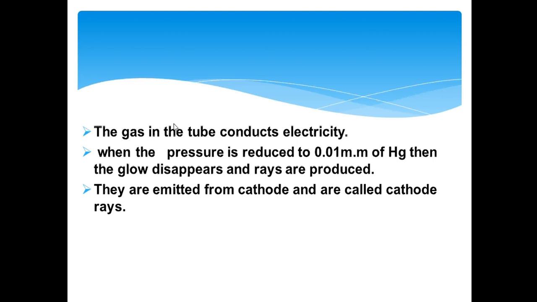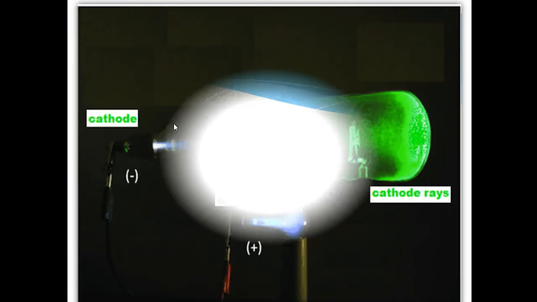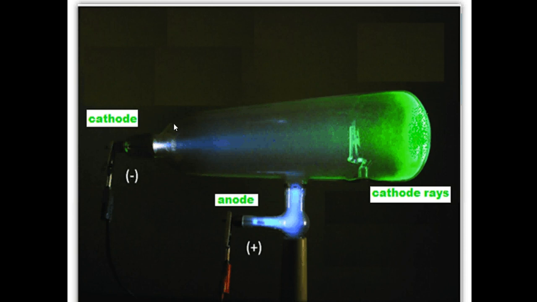Cathode rays are emitted from cathode and are called cathode rays. Look at this light, in which green fluorescence can be seen on the opposite side of cathode.